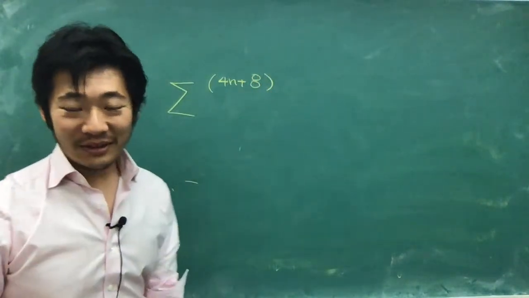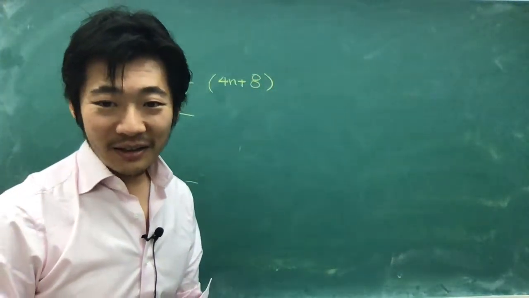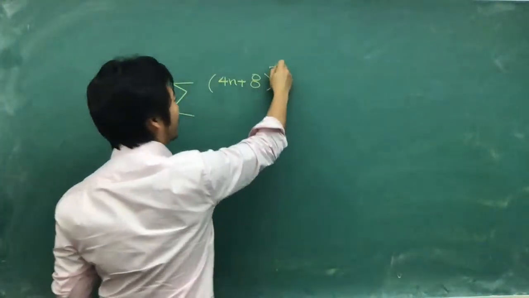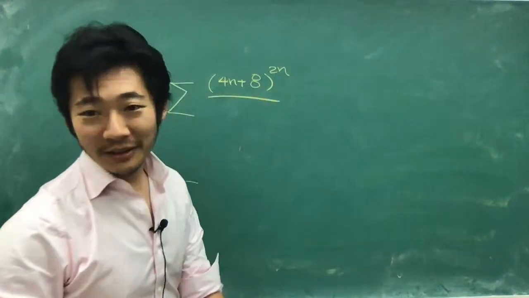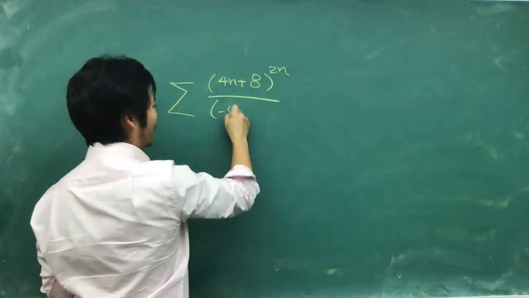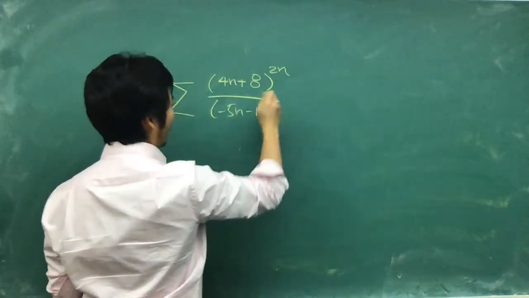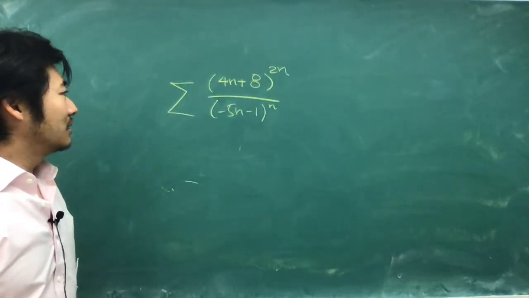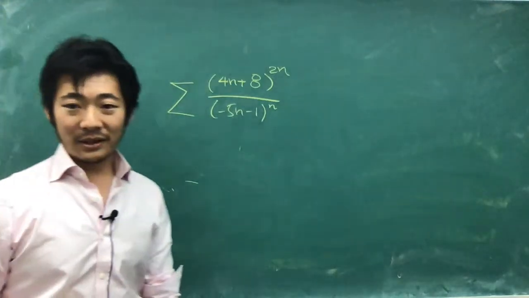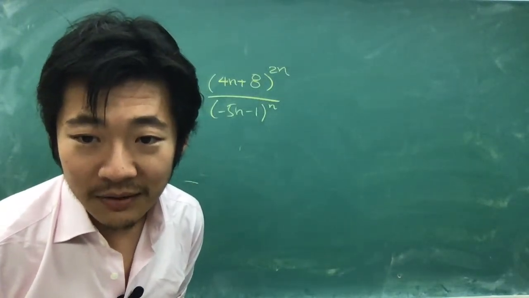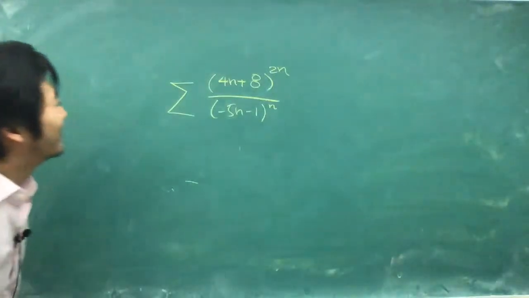Because we'll talk about the first sample final one tomorrow. 4n plus 8 to the 2n over negative 5n minus 1 to the n. And you're asking if this is a convergent or divergent series. Practice problems you gave. Oh, yes, I guess so.